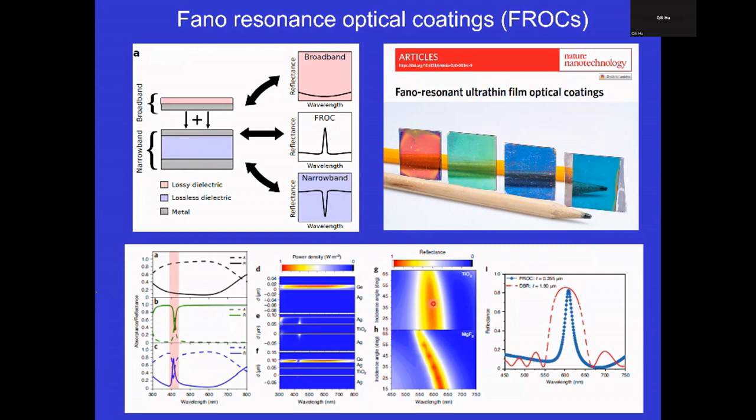So we have two studies. One uses a titanium oxide layer, and the other uses a magnesium fluoride layer. Titanium oxide has a higher refractive index than magnesium fluoride. In this one, the wavelength versus incident angle has essentially no dependence.